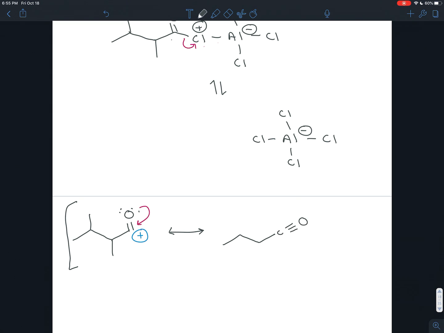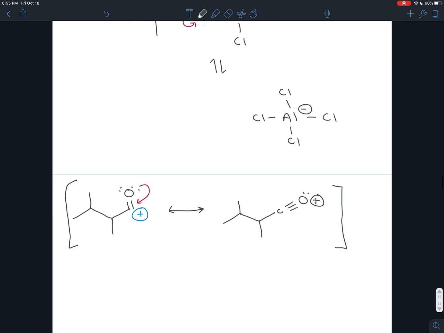That carbon there will be triple bonded to the oxygen, and I'm drawing it in a straight line because remember, if an atom has 2 atoms on each side and no lone pairs, it's linear. So the carbon doesn't have a positive charge anymore, but the oxygen does. And so that's the resonance structure. That's our acylium ion.